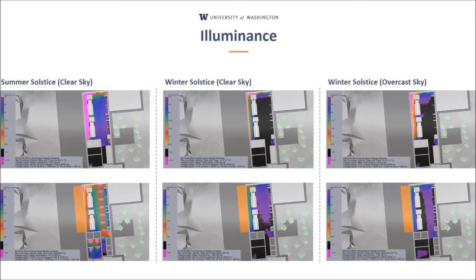One can easily understand that on the day of summer solstice, the spaces nearby the curtain wall are overlit. On the other hand, on the day of winter solstice, which is the day having the least amount of sunlight, the interior spaces are way too dark.